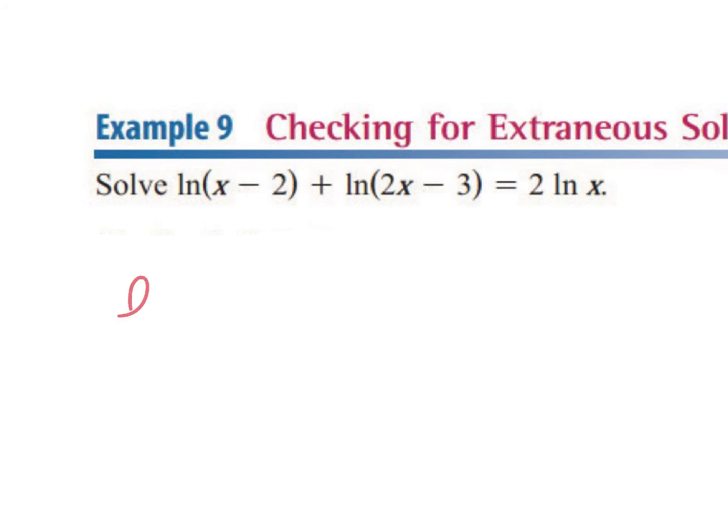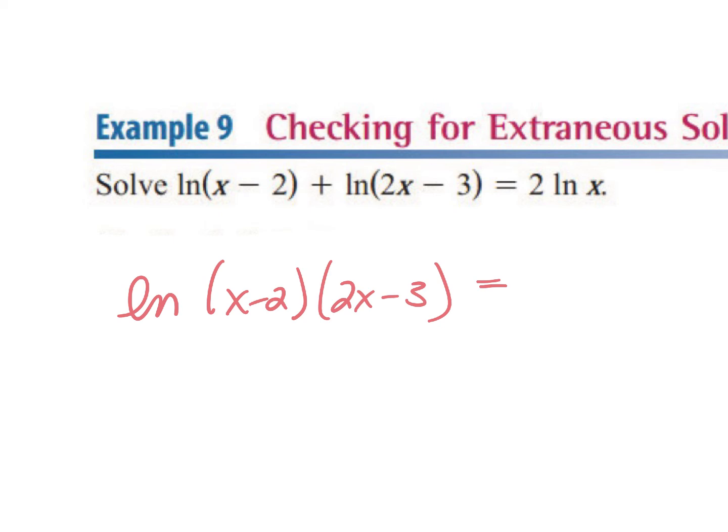Yes? So I could rewrite this as ln of, when I'm condensing, addition becomes what? Multiplication. So x minus 2 times 2x minus 3. Agreed? And then what can I do on the right-hand side to condense that?